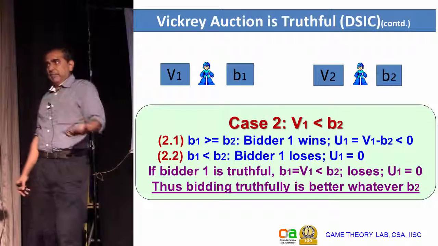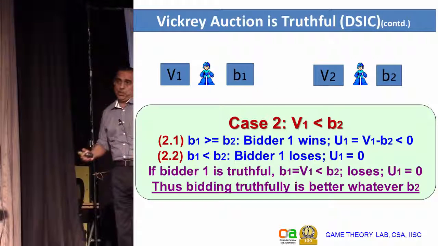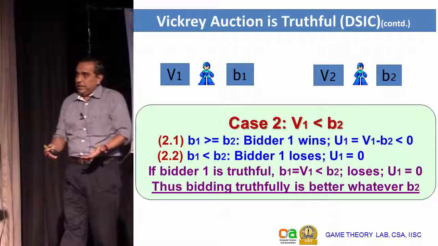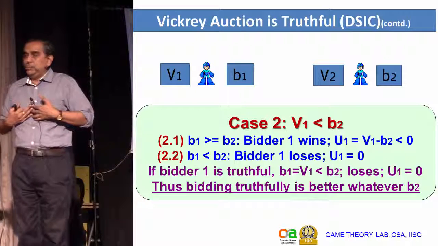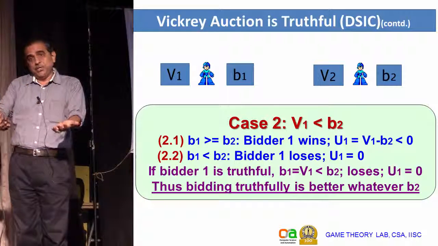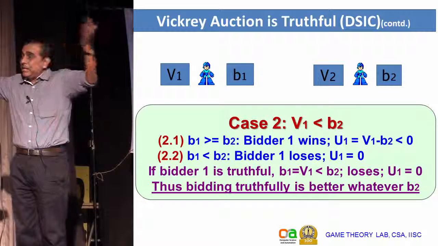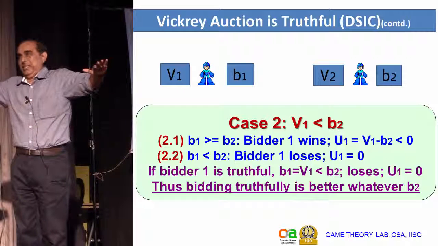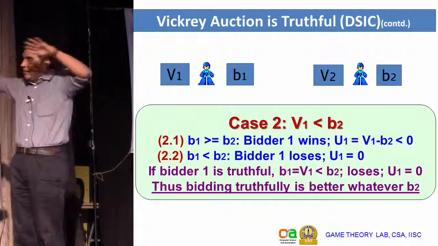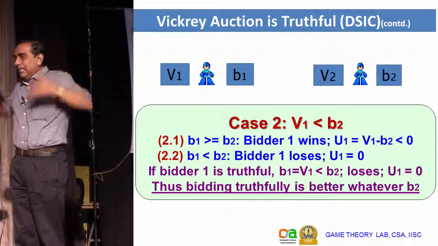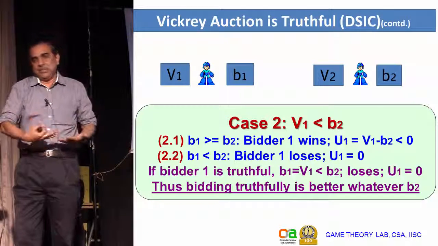There is another equilibrium called the Bayesian-Nash equilibrium, which says that it's a best response for you to bid your true valuation whenever the rest of the players are also bidding their true valuation. So if the rest of the players are bidding their true valuations, then bidding your true valuation is a best response for you.